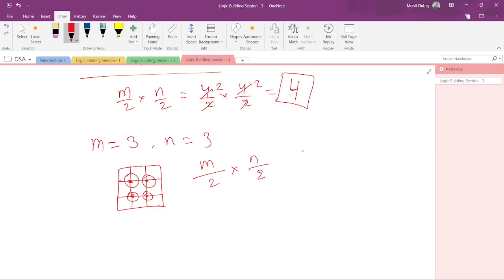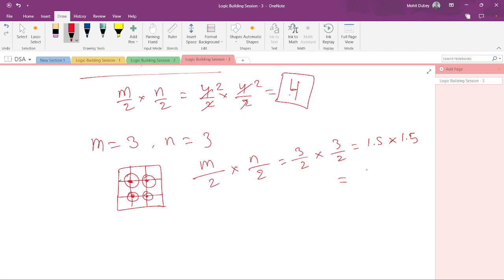m and n equal to 3 by 2 into 3 by 2, that is 1.5 into 1.5. So what is 1.5 into 1.5? The square of 15 is how much? 225.